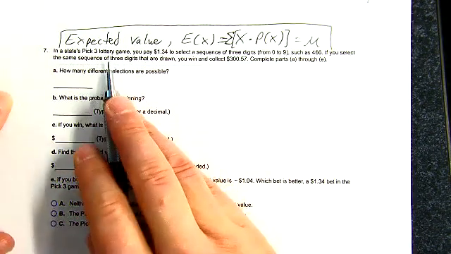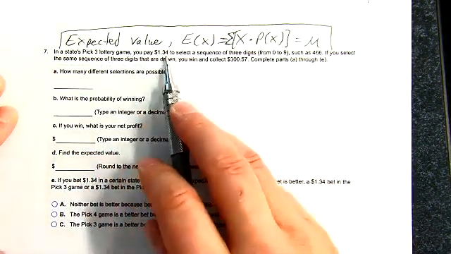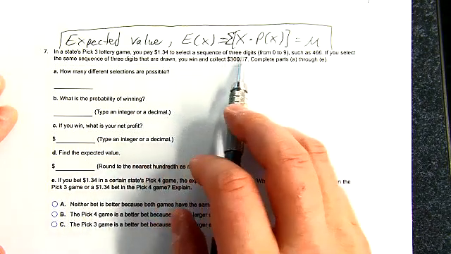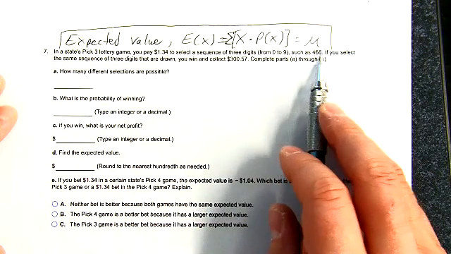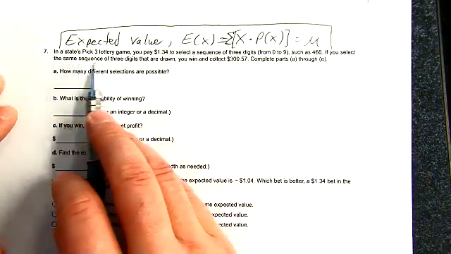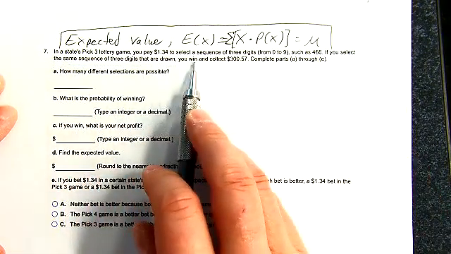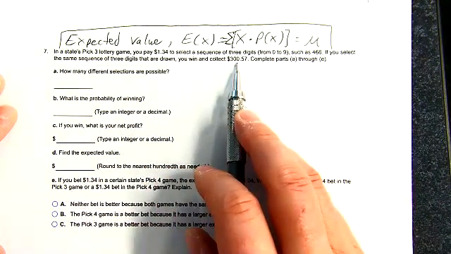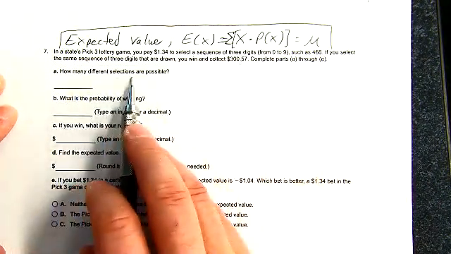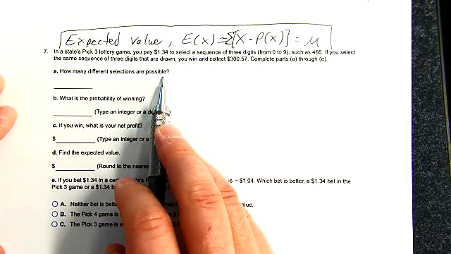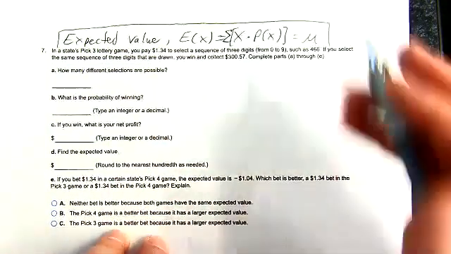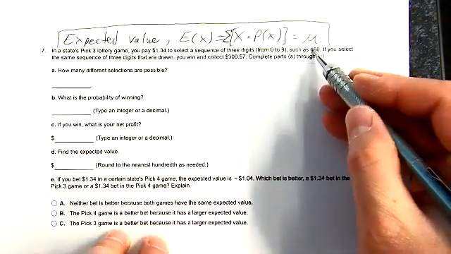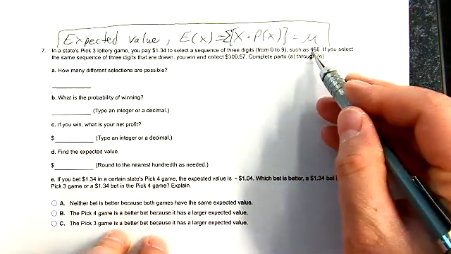In a state's pick 3 lottery game, you pay $1.34 to select a sequence of 3 digits from 0 to 9, such as the number 466. If you select the same sequence of 3 digits that are drawn, you win and collect $300. So the first part says how many different selections are possible. So this actually takes us back to chapter 4, and we look at this as you have choices with repetition.